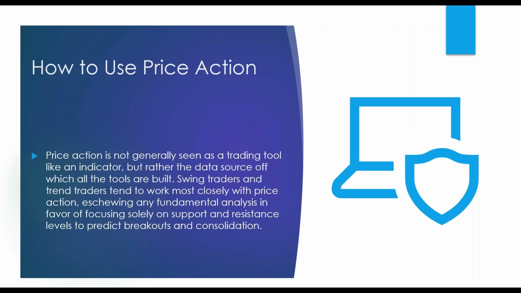Now, this is where we go off on the psychological, I guess we could call it. Price is completely random. Price action is based on human beings that are trading the markets. And most of the time, price is totally random.